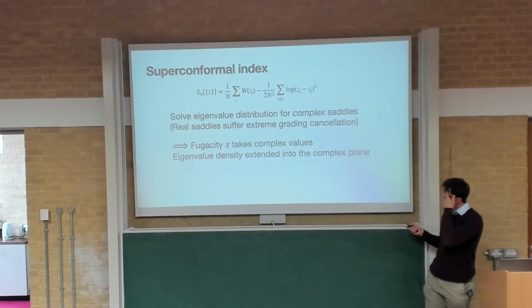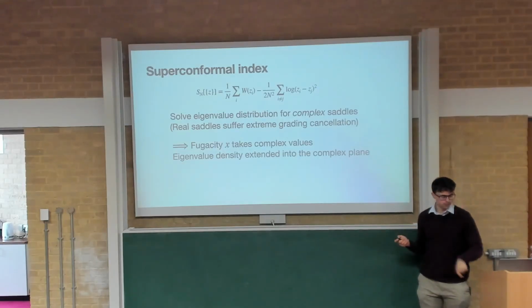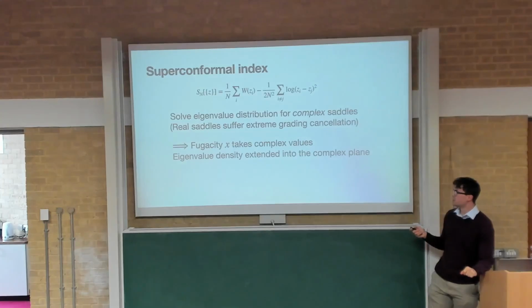A crucial point is that we need to find complex saddles of this action. If you take real saddles, then there's a catastrophic cancellation between bosons and fermions in the index, and so for a long time they couldn't see the order N squared black hole entropy because of this cancellation.